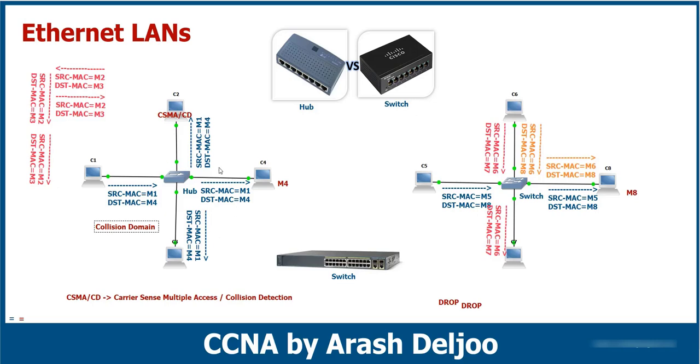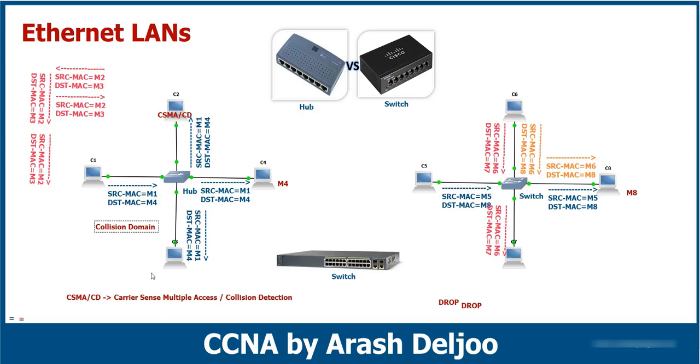Here in one collision domain, we need the CSMA/CD rule. Let me talk about this. When C2 wants to sense the traffic first, because it knows about the CSMA/CD rule, first it should hear the link, the line. When C2 finds that we have a signal on the line, C2 should not send the traffic. It should wait.